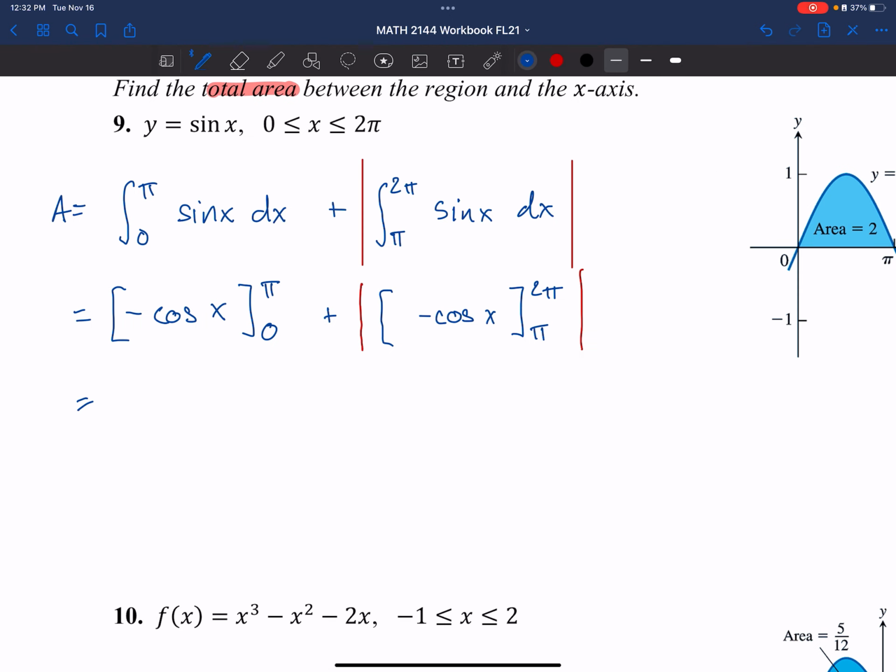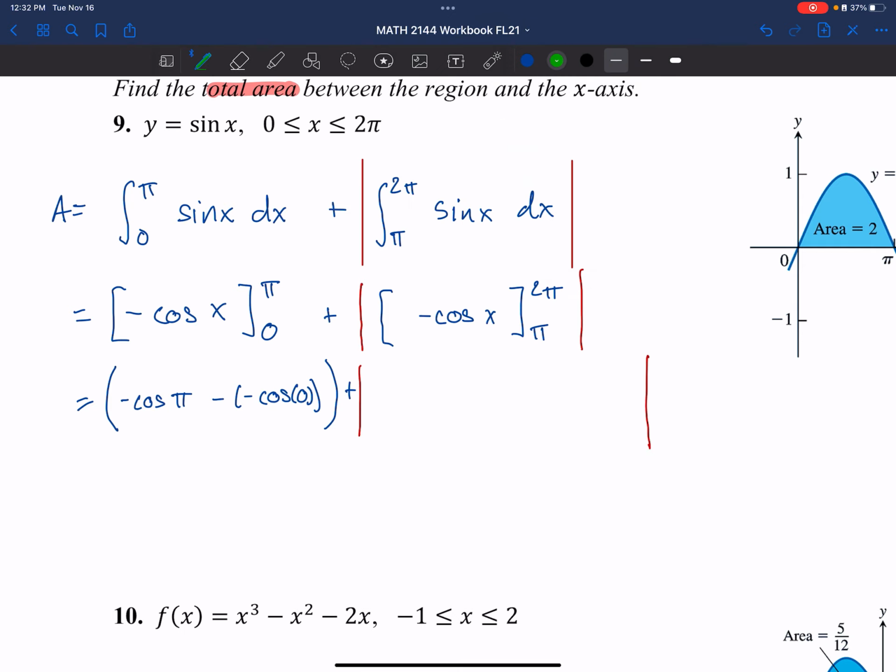From here it's pretty much the same as before. I'll have minus cosine of pi minus a minus cosine of 0. So that's f of b minus f of a. Then we're going to add to that the absolute value of the second area.